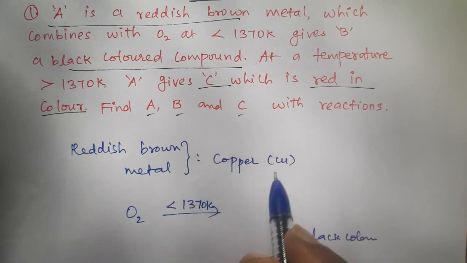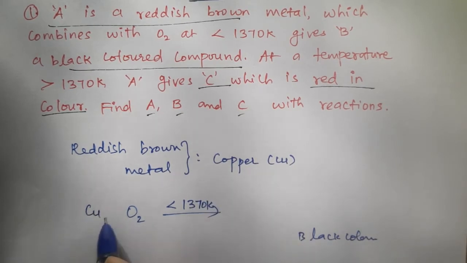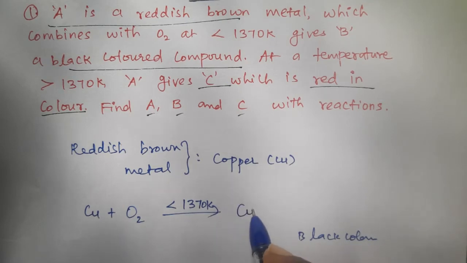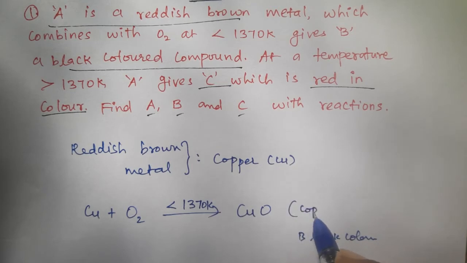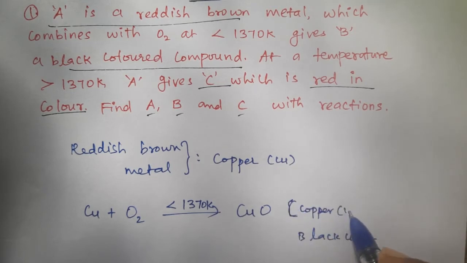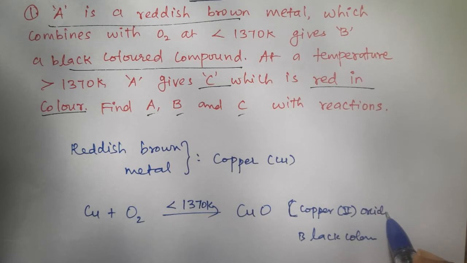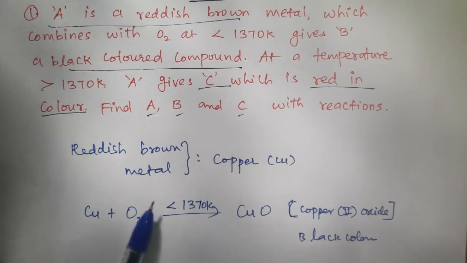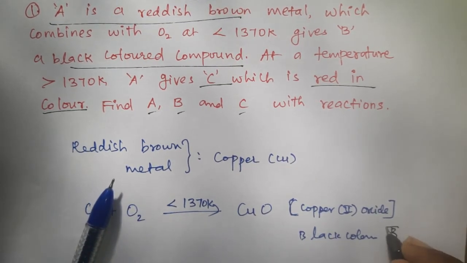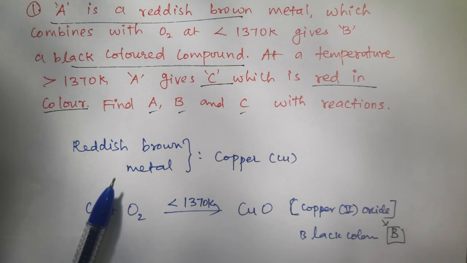This copper, symbol Cu, reacts with oxygen at temperature less than 1370 Kelvin, which gives copper 2 oxide, which is black in color. This is compound B, copper 2 oxide.